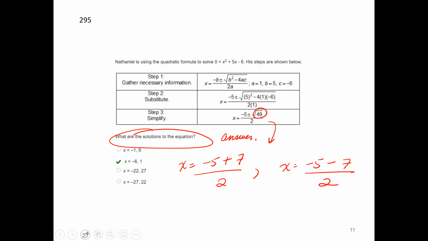All right, so here on the first one, you have a 2/2, which is a 1. Second one is a -12/2, which is a -6. So is that A, B, C, or D? Make sure you guys go ahead and take a look at that and fill that part out.